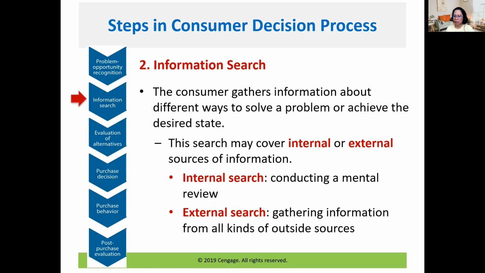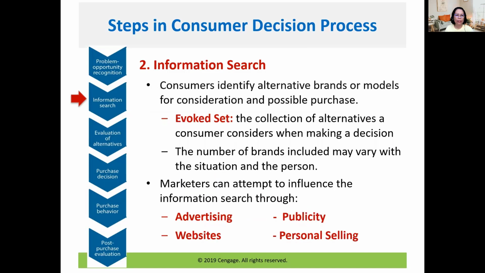External search means gathering information from all kinds of outside sources. He now thinks of ways to find pizza. He may want to go to the nearby mall or store, or maybe he may try to search for pizza through Grab or Food Panda. From the internal or external search, consumers identify alternative brands or models for consideration and possible purchase.